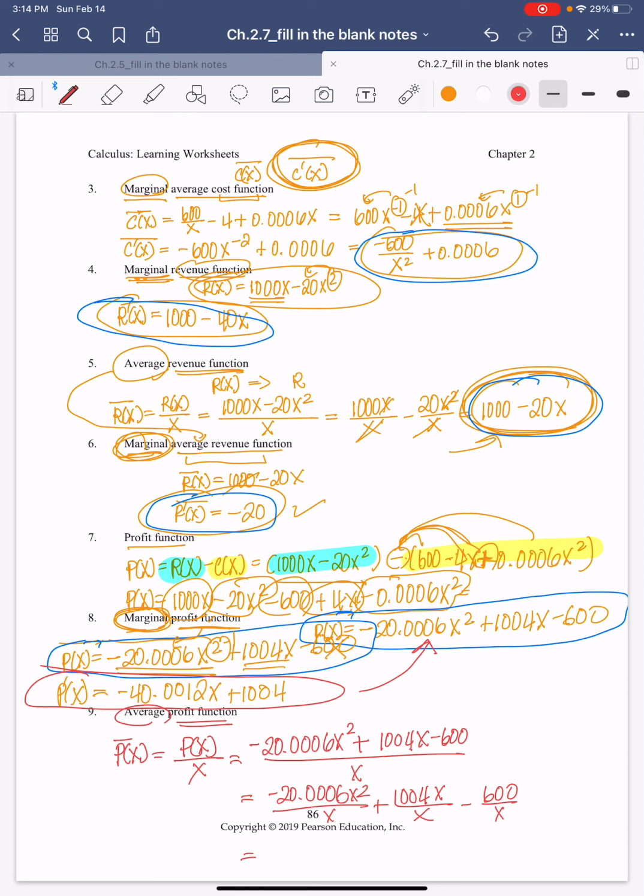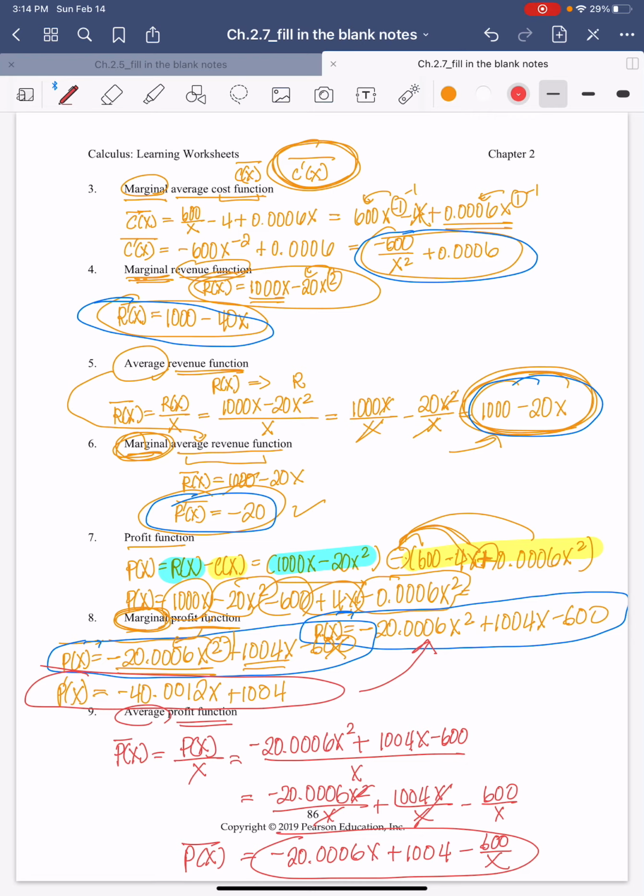So reducing, I have negative 20.0006x plus 1004 minus 600 over x as the final answer. That will be my P bar of x.